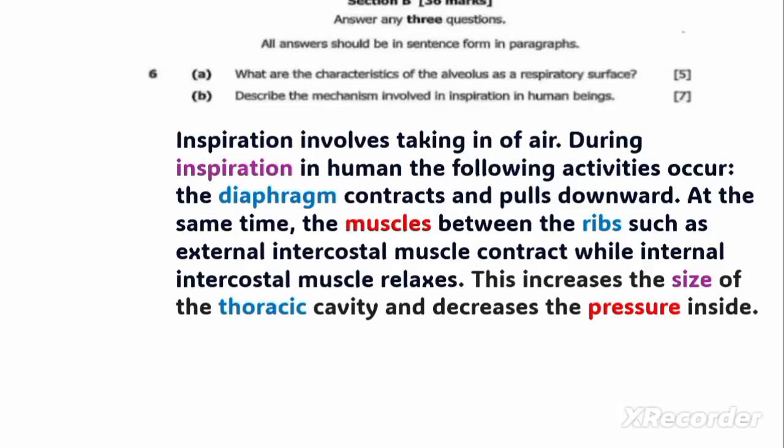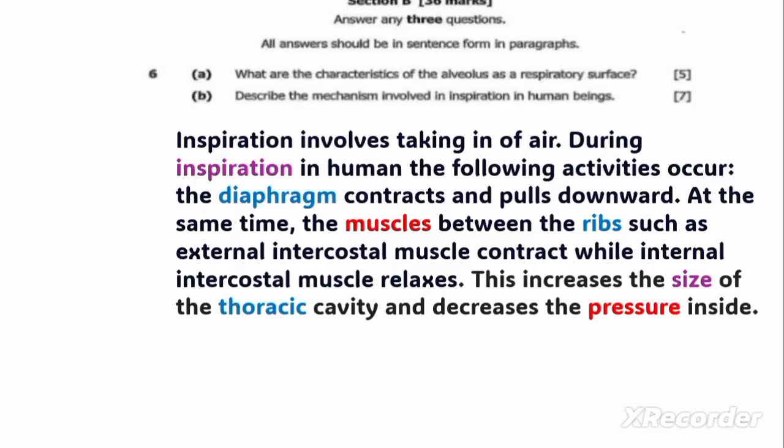So during inspiration, the diaphragm contracts and pulls downward, increasing the volume of the thoracic cavity.